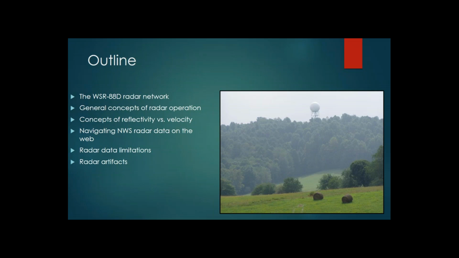Then we'll move on to the main part of the presentation, accessing National Weather Service radar data on the web, and we'll talk about what you'll look at and what you're seeing there when you choose those options. We'll finally wrap up with some of the radar limitations. It's not all perfectly without some errors and some things that you have to take into account when you view this imagery. And we'll also talk about some radar artifacts, which are basically false returns by the radar that are not really precipitation.